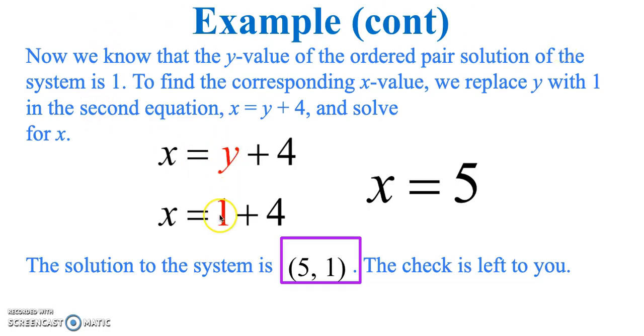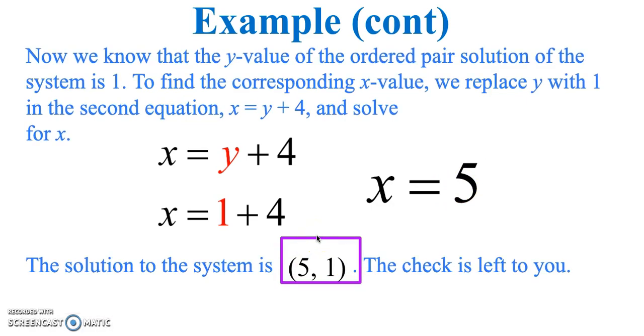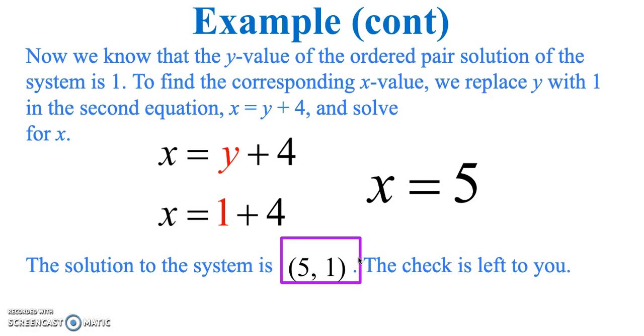So I plugged in y equals 1, so 4 plus 1 is 5. My final answer will be an ordered pair, and you must write your solution as an ordered pair. It doesn't just work if you say x equals 5 and y equals 1. No, your solution is parenthesis 5, comma 1, close parenthesis. Okay, that is where those 2 lines touch.